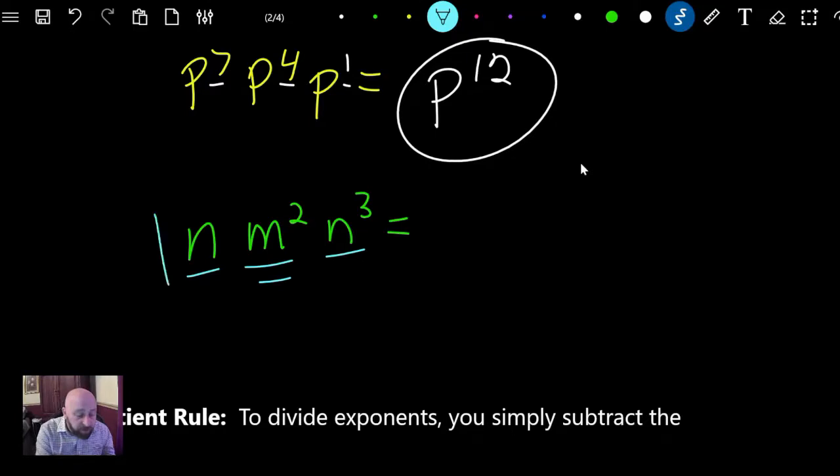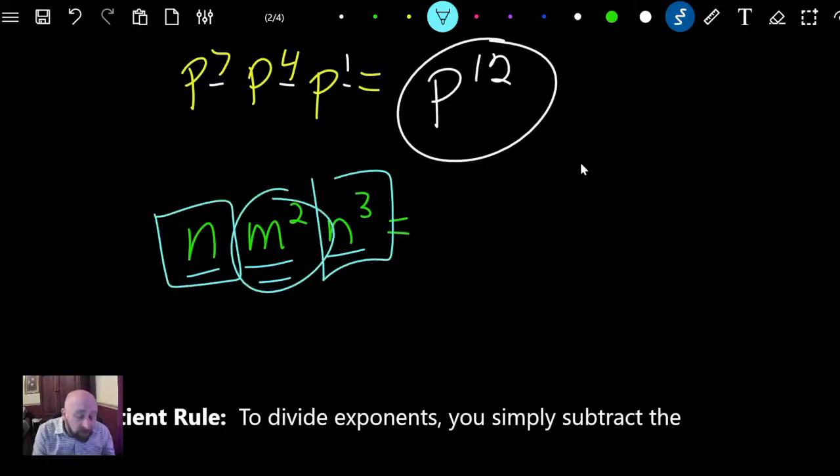Here's what you can do. You can multiply the n's together, and then you can multiply the m's together. So let's multiply the n's. N, remember this is a 1. 1 plus 3 equals 4. N to the 4th times m squared.